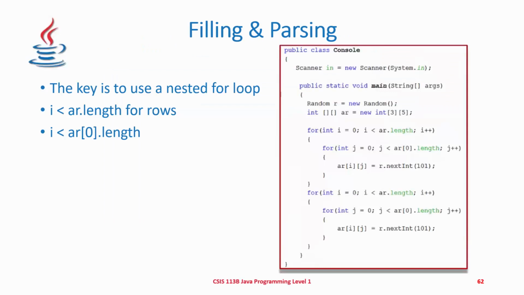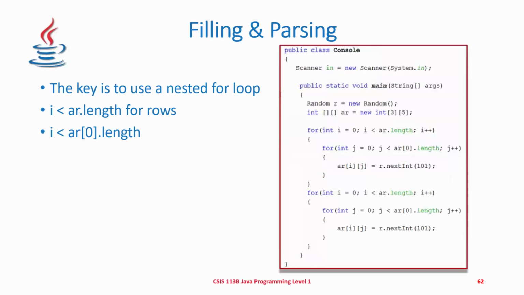Now it gets a little bit trickier when we want to fill and parse our two-dimensional arrays, but here's a good simple example for you. You can see that the trick is that we're going to use nested for loops. So the outer for loop is going to represent the number of rows, and then the internal for loop will parse through each column value within the current row.